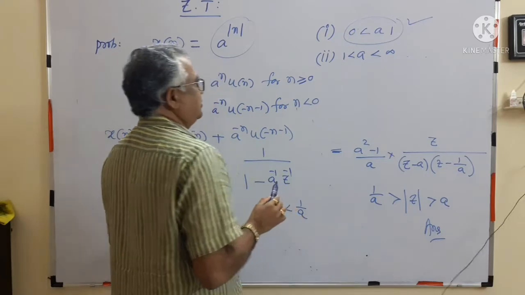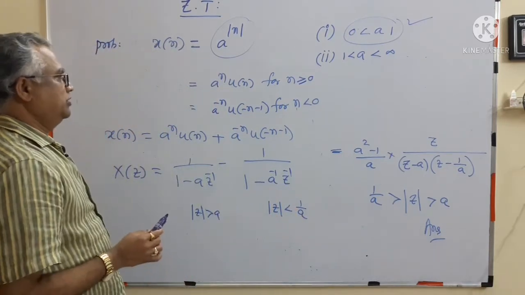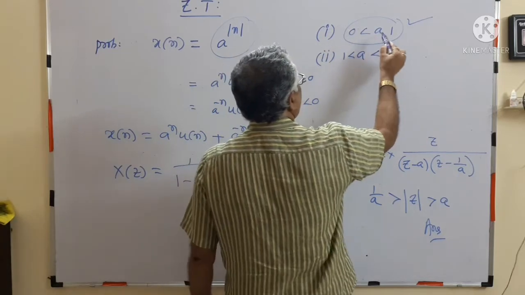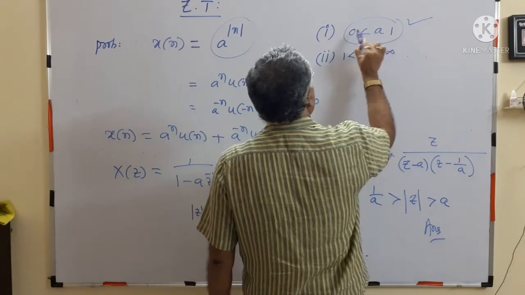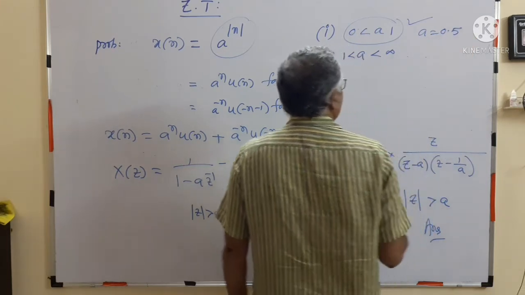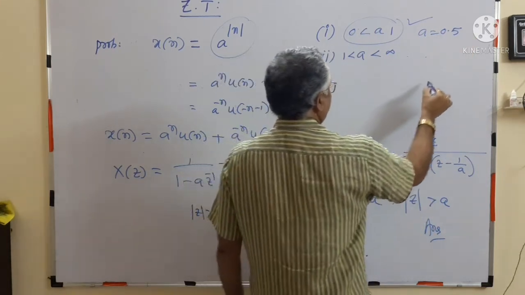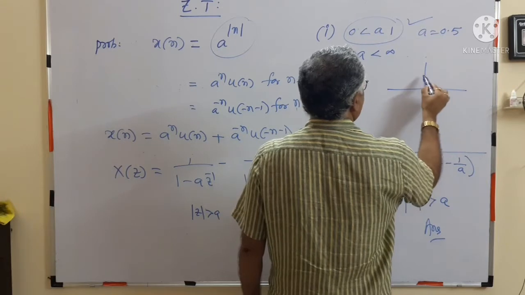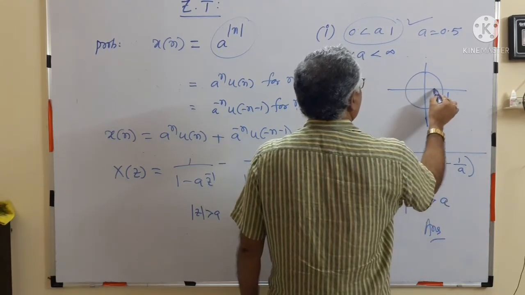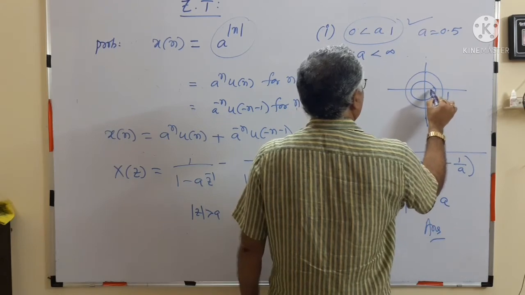If it is in case 2, so why is this problem important? For a between 0 and 1, let us take a equal to 0.5. If a equal to 0.5, what is the ROC? This is the unit circle, this is the 0.5 circle.